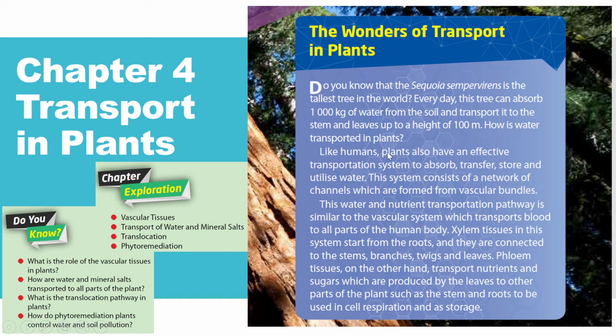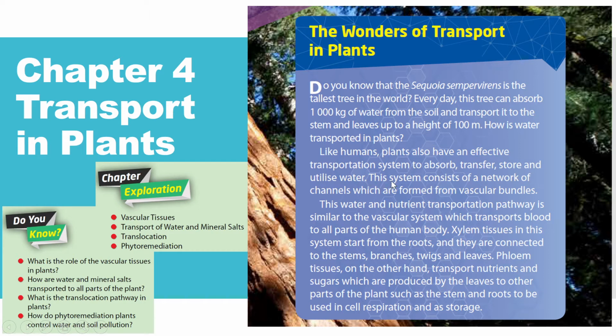Like humans, we know plants also have an effective transportation system in that they need to absorb, transfer, store, and also utilize water. Water is very essential for living things, for organisms, and especially for plants.